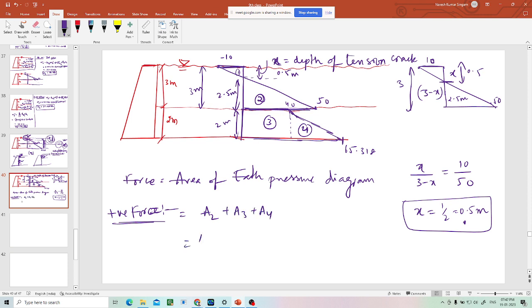Area 2 is half into 2.5 height into base 50. Area 3 is 40 into 2, plus area 4, half into height 2 into base 65.318 minus 40, right? At least can you tell me by using the calculator?